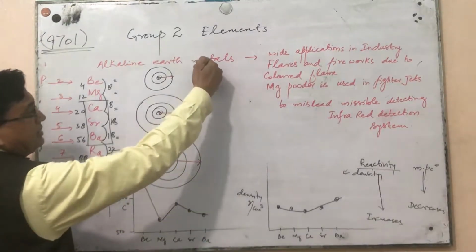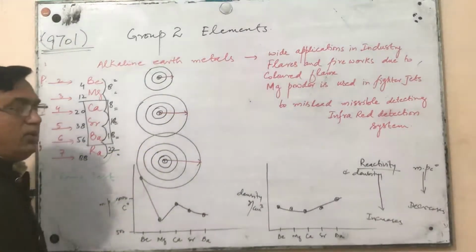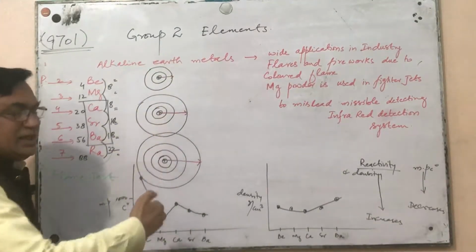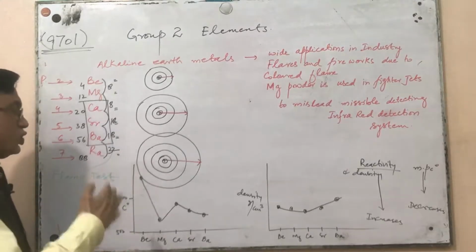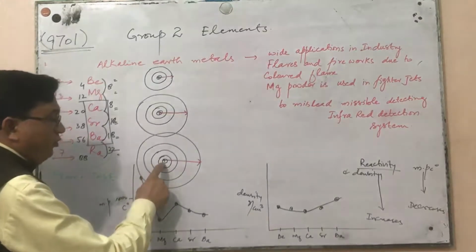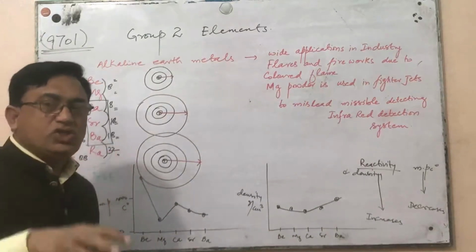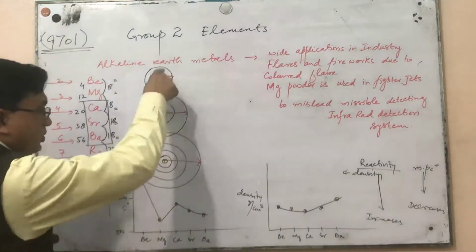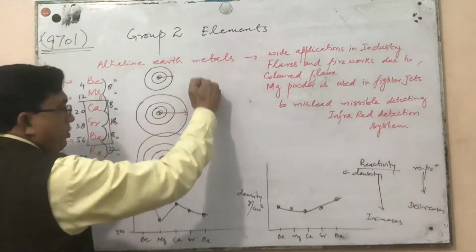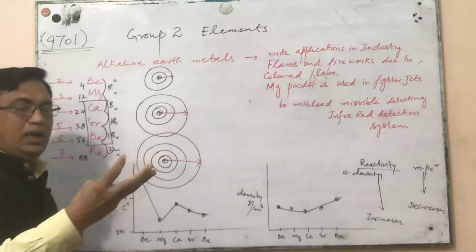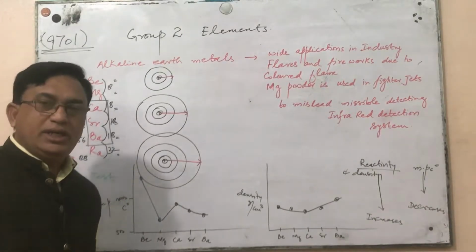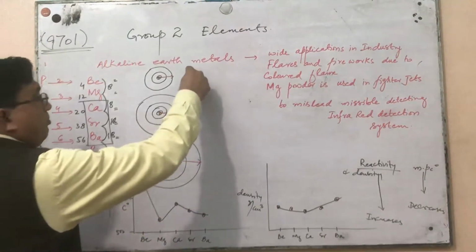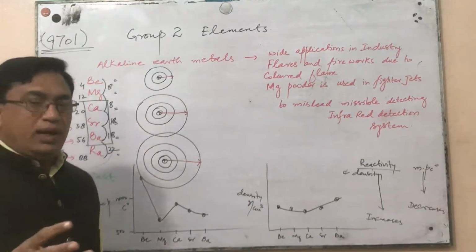It means that as the number of shells increases from top to bottom, the shielding effect is increasing. So the force of attraction of the nucleus on the last shell is decreasing, and due to this reason, from top to bottom, number one, ionization energy decreases. Second, melting point decreases. Why?